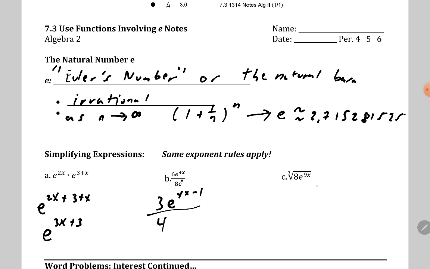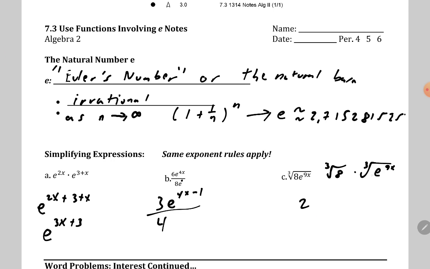And then part C. This is the same thing as the cube root of 8 times the cube root of e to the 9x. The cube root of 8 is 2.